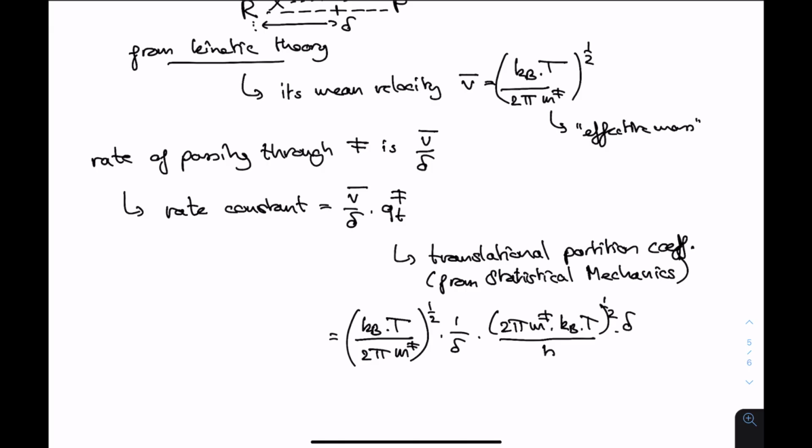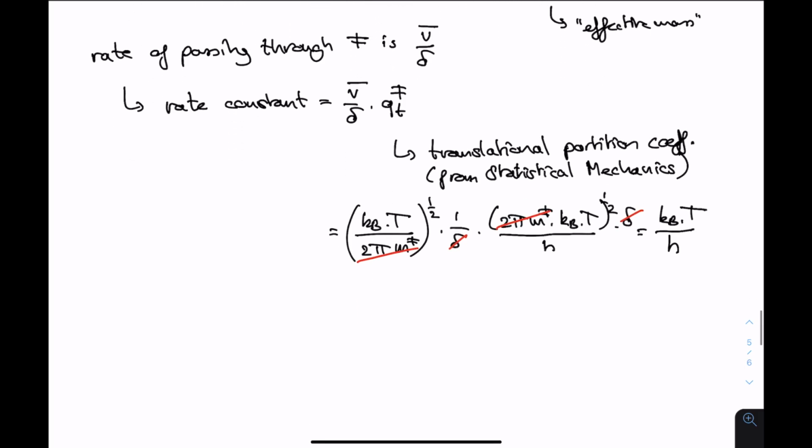And basically you can already see, right, that this part and this part will drop out. Delta versus delta will drop out. So we are left with kBT over Planck, right?